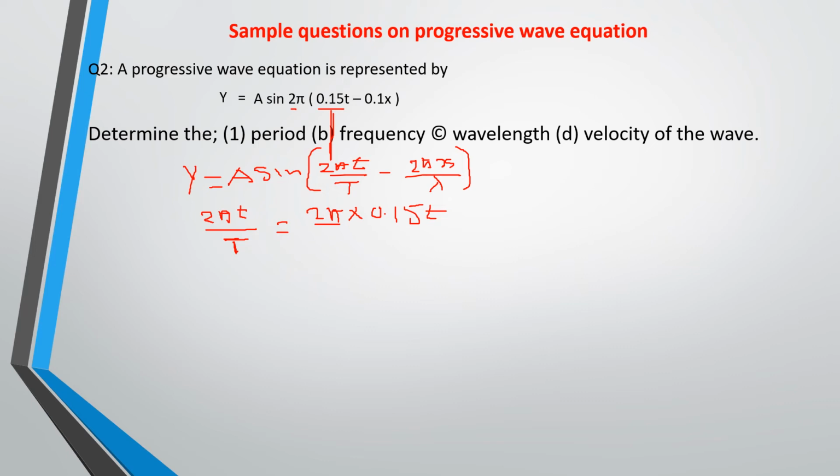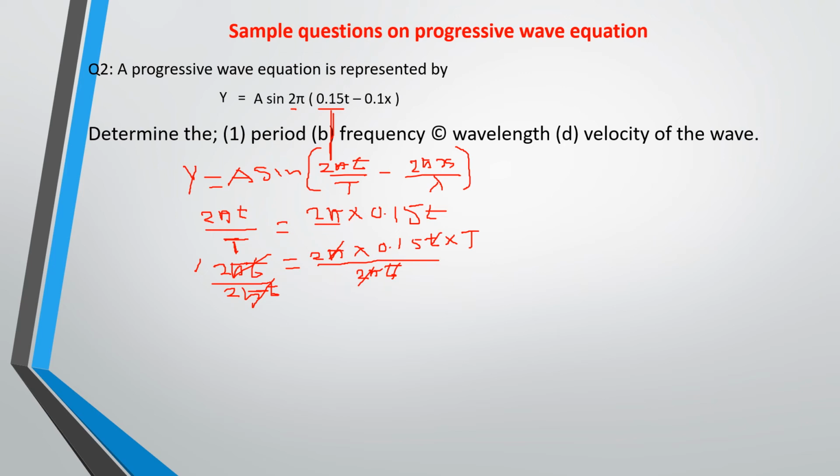Do your multiplication, so this will give you 2 pi t is equal to 2 pi multiplied by 0.15 t times capital T. If you divide the two sides by 2 pi t, this will cancel out and have 1, then this will cancel this, and this will cancel this.